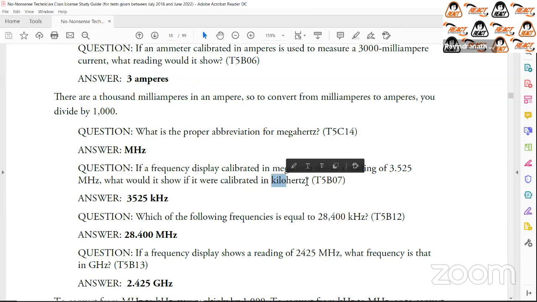So you see how they're mixing it up for you here, trying to confuse you? They show you megahertz written this way here, and they write out the kilohertz. But the focus of the question is megahertz to kilohertz. So we need to find something to multiply this figure by to go from megahertz to kilohertz. How do we know what that figure is?